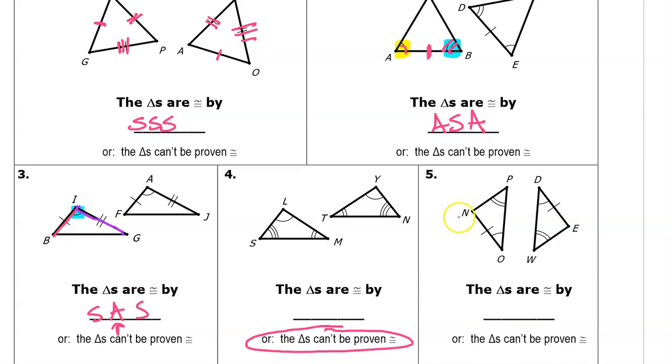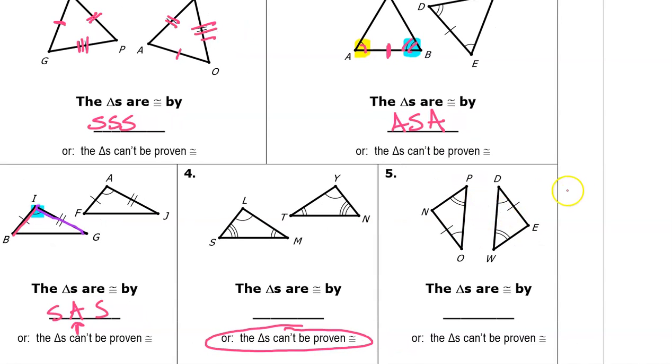Now look at problem number 5. Notice that we have 2 angles and a side. So our choices are, is this going to be angle, angle, side, or will it be angle, side, angle? All right, both of these involve two angles and a side.